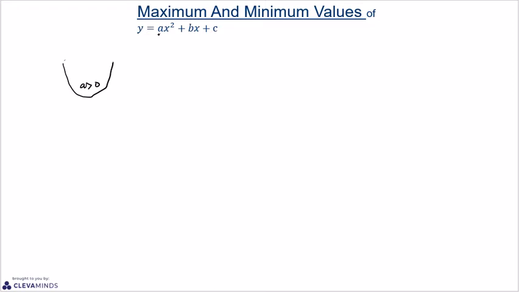That is, the a here is greater than 0, right? Good. So that tells us that when a is greater than 0, the lowest point of this parabola is called the minimum point.